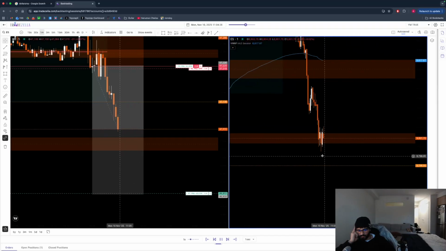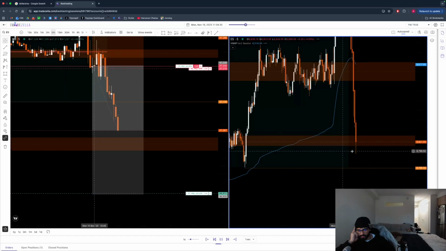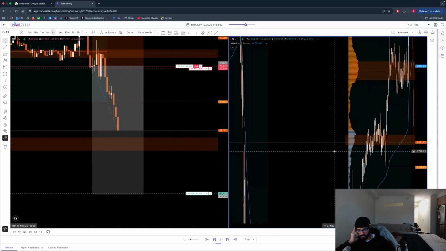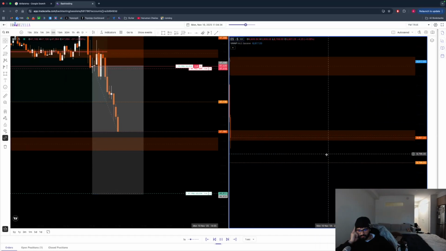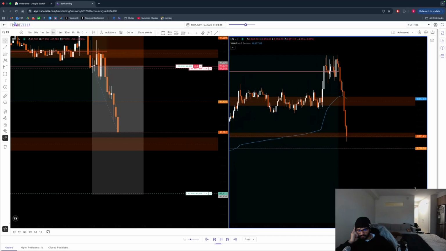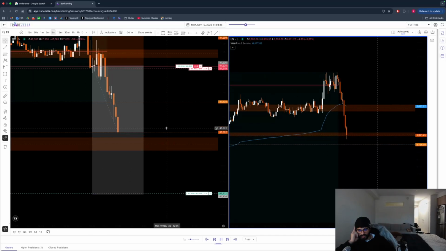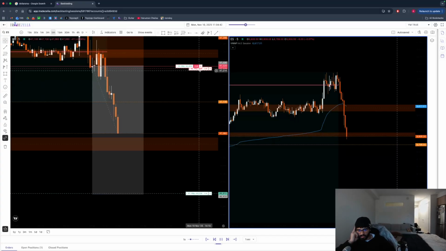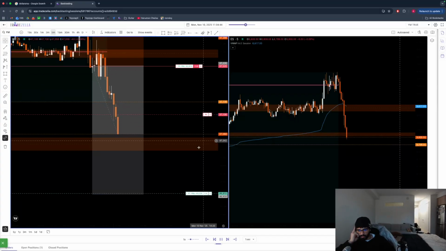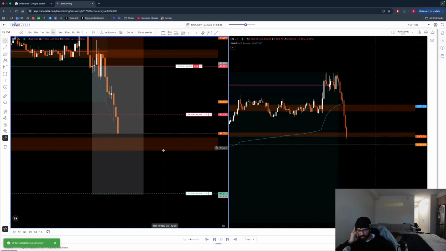ES is building an auction at this zone. Again, to be expected, it was a high volume zone. But this momentum, I don't want to fade the momentum. I just want to give it some room to breathe. At this point, I would probably start trailing. I lock in 1200 here. I let it trail.